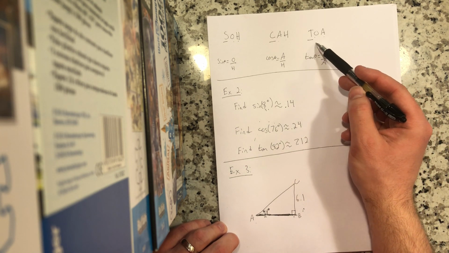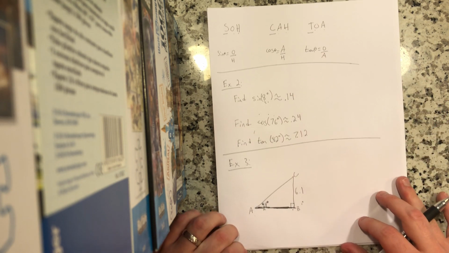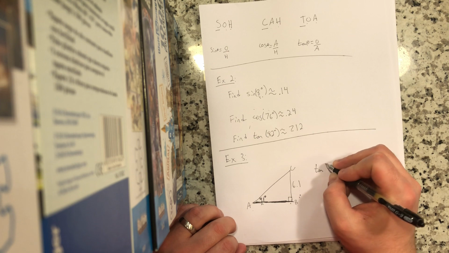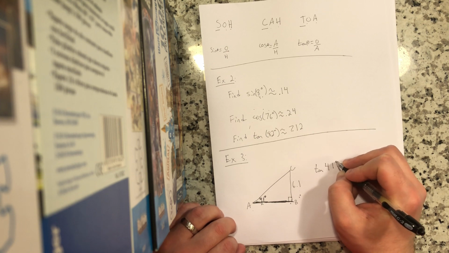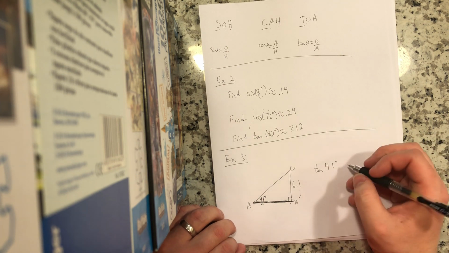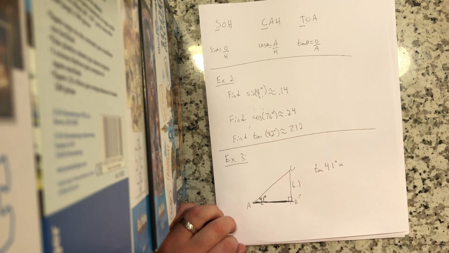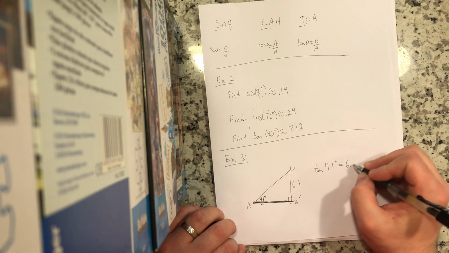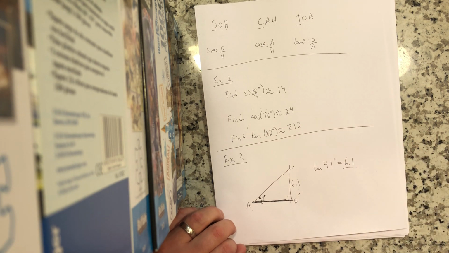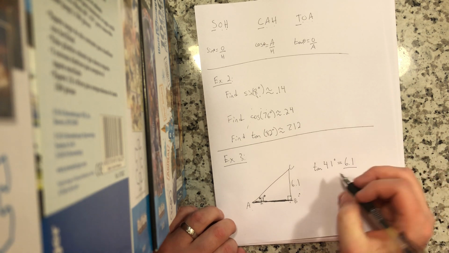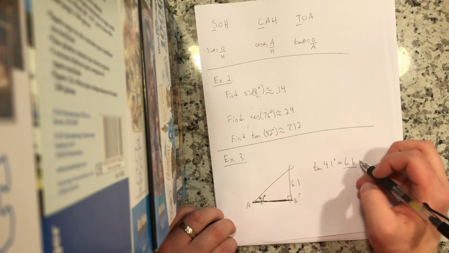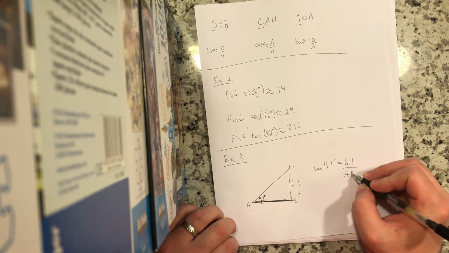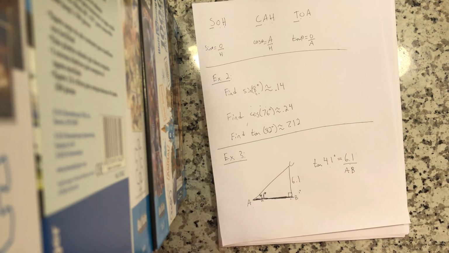So we will have the tangent of 41 degrees. Again, you always need to take a trig function of an angle. That's equal to the opposite over the adjacent: TOA, tangent equals opposite over adjacent. Adjacent is what we're looking for, which is the length of our segment AB.